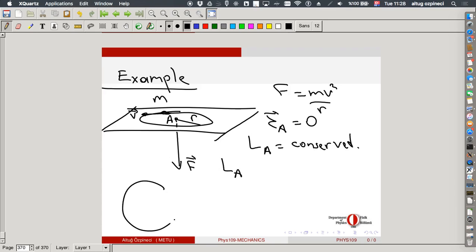This is the picture we have now. If we just look at it from the top, this is my mass, this is the point A, and it is attached by a string to the point A. It is moving with speed v. Now the angular momentum relative to the point A, let's say this is the z-axis pointing out, is always r cross p.